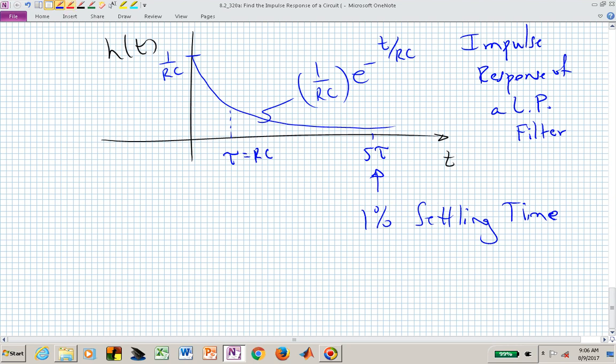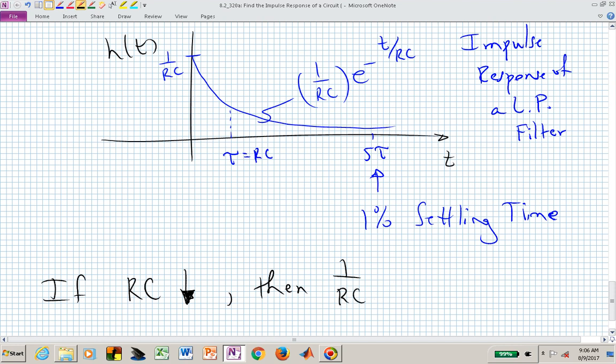For example, if we make this time constant RC smaller, if RC now goes down, then what happens to 1 over RC?